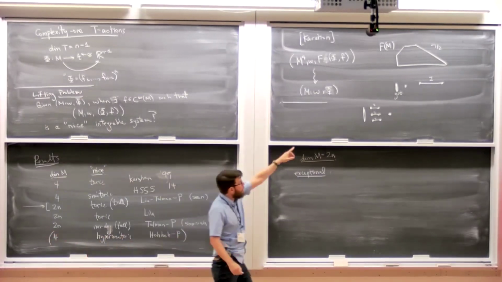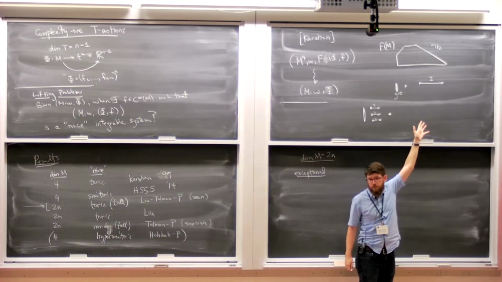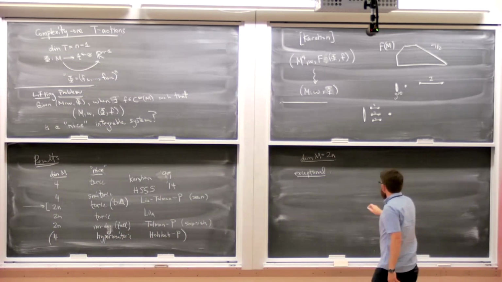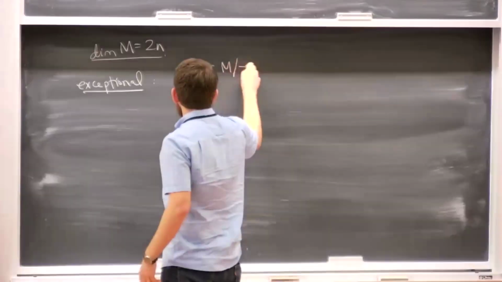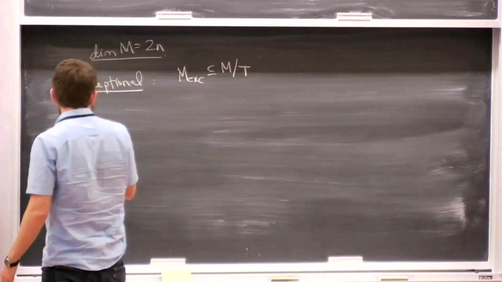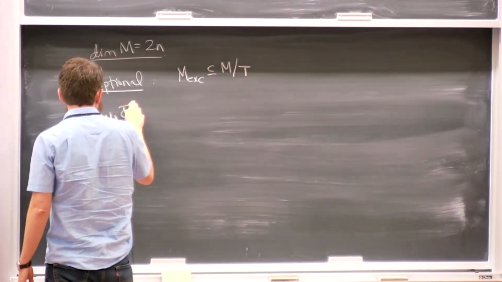So if you're thinking about S1 spaces, these are the Z_k spheres. These are, for instance, the Z_k spheres, exceptional orbits, or fixed points. So I'll call the set of exceptional orbits M sub exceptional.